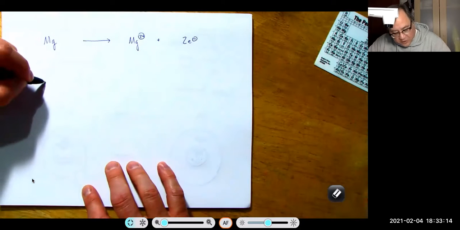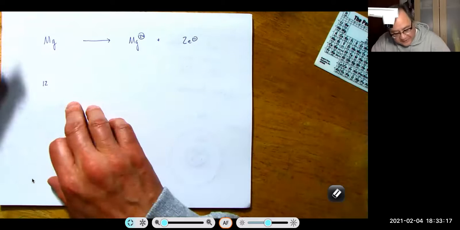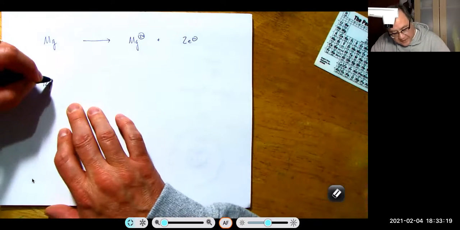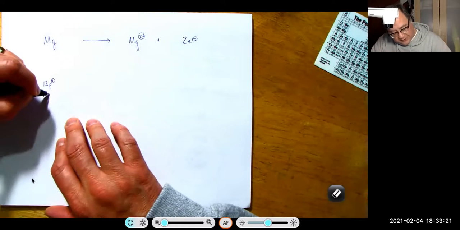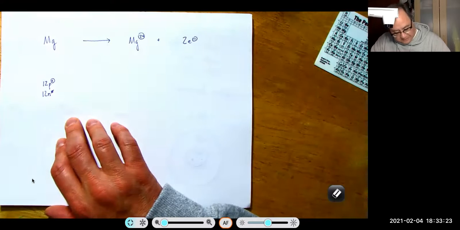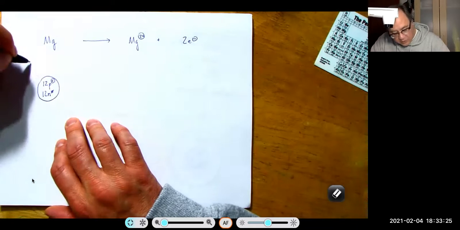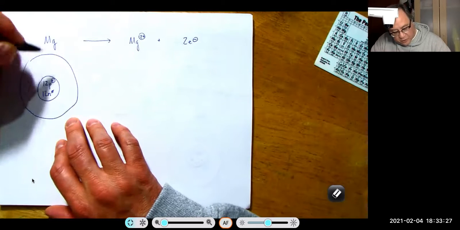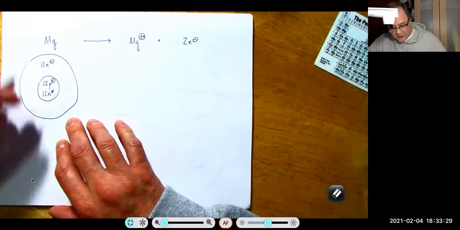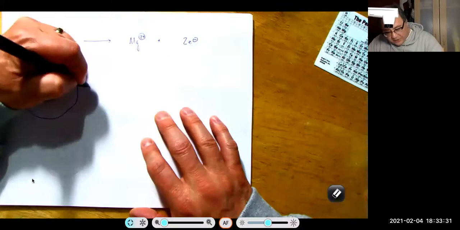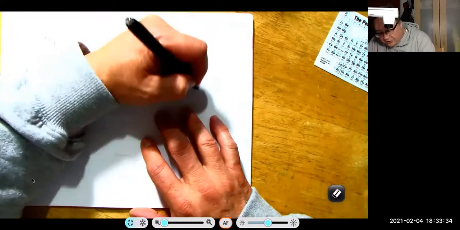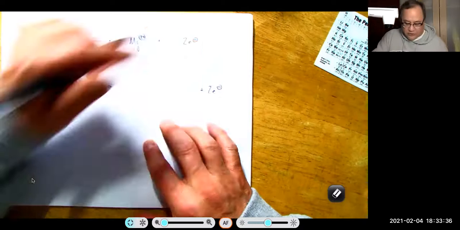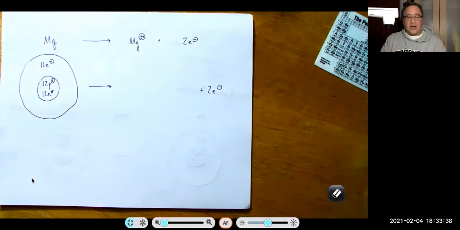Magnesium is number 12, and most of your magnesiums have 12 neutrons. And a neutral magnesium atom has 12 electrons. So over here, we're going to draw this arrow. We're going to do a +2 electrons. What do you draw here? Give it a try. And when you have an idea, give me a thumbs up or a yes.